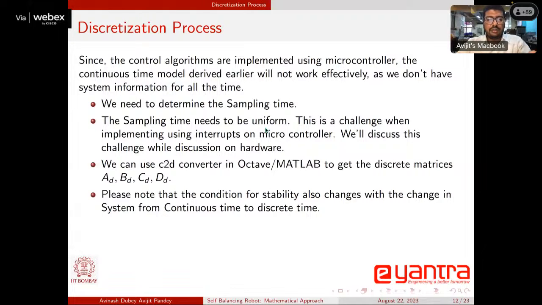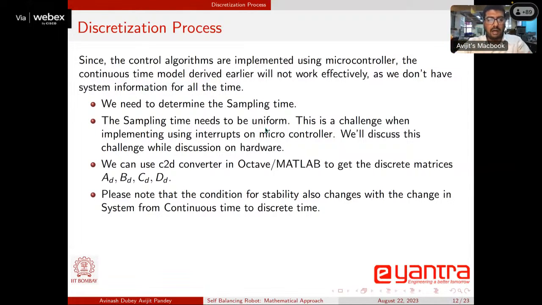So we also need to convert our A, B, C, D matrix, which is in continuous time, to discrete time. This is called the discretization process. In Octave or Matlab, you can easily use the C2D converter to convert the ABCD matrices into their discrete version.